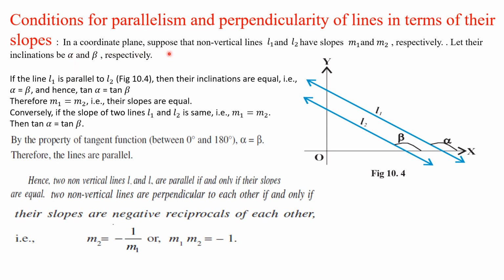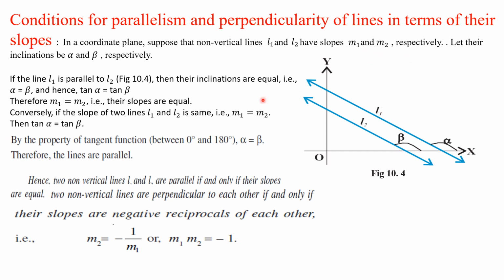In the coordinate plane, suppose that non-vertical lines L1 and L2 have slopes m1 and m2 respectively. See, this is line L1 and this is line L2. This line is making angle alpha with positive x-axis and this angle is beta made by the line L2 with the positive x-axis. And their slopes: tan alpha is equal to m1 and tan beta is equal to m2. Let us assume that.